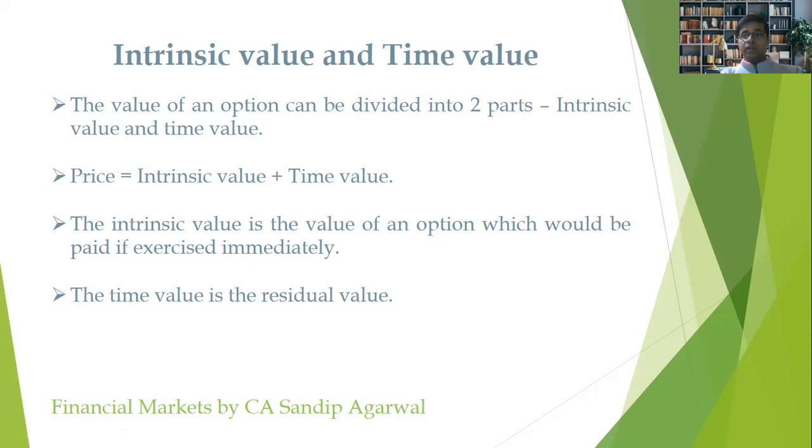In that case, the intrinsic value of the 17,800 call is 200, that is 18,000 minus 17,800. In that video, we said the price of the 17,800 strike call option was 300. So the intrinsic value is 200 and the time value is 100, so the option price becomes 300.